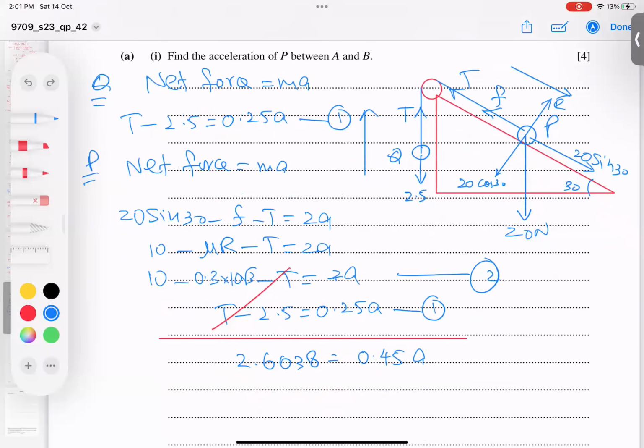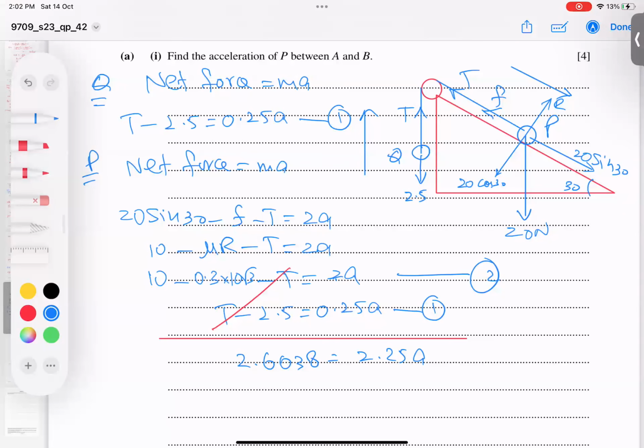Tension, okay, here maybe check. 20 times 2 cos 30. Okay, it is giving us 10 root 3, no mistake at all. So weight component minus friction minus tension equals MA. All right, now I check it. Here, mistake, I found it. Actually, I wrote it before. That is my mistake.